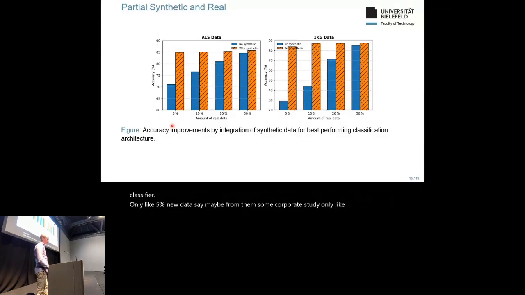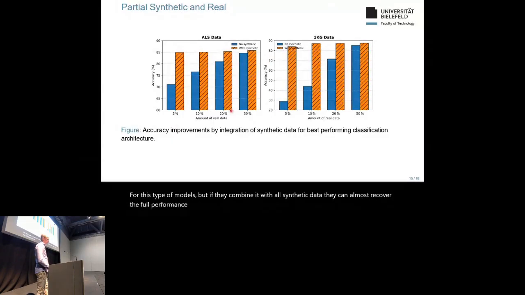If they only used this data, they would get very low accuracy for these types of models. But if they combine it with our synthetic data, they can almost recover the full performance as if they had 100% of the data. So this is quite nice. We can see our synthetic data really can help people when they use it. And this we show for this ALS classification, the 1 kg data.